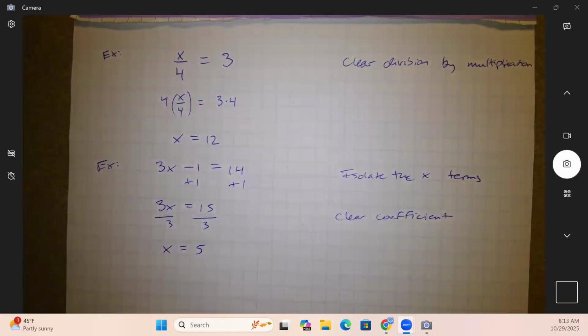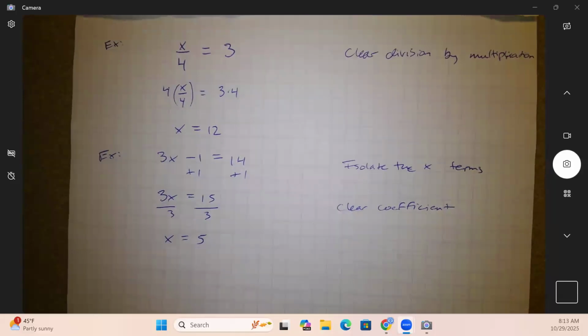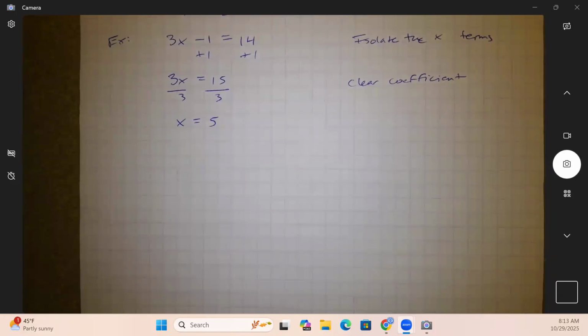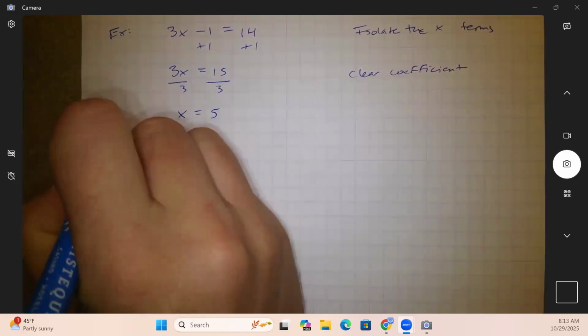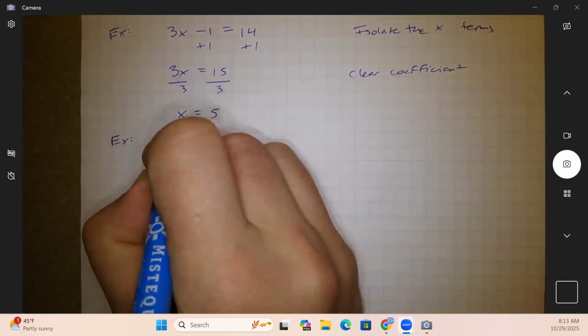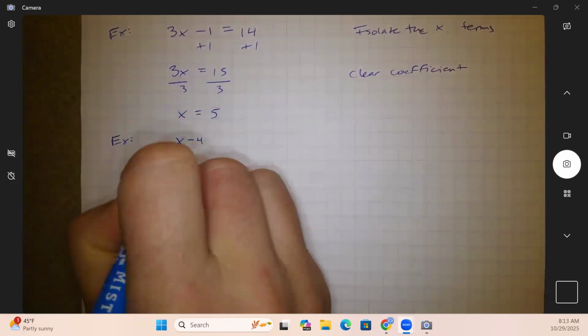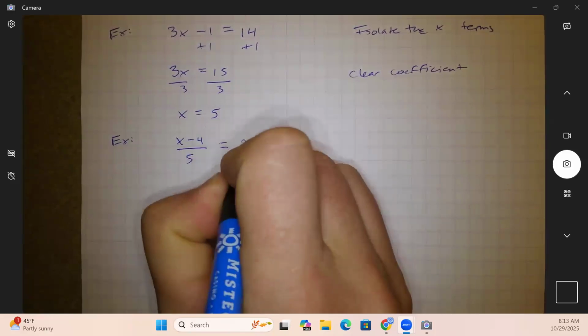So far, I've been using all integers, right? Because I'm reviewing the process, and then I'll do a quick review of arithmetic with fractions, and then we'll put those together. But let's do another example. Let's look at x minus 4 divided by 5 equals 2.